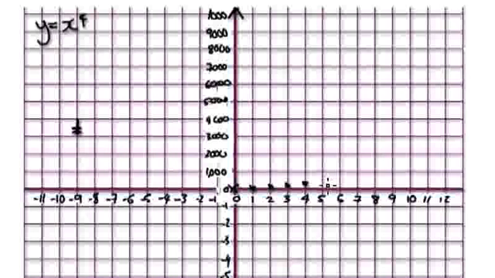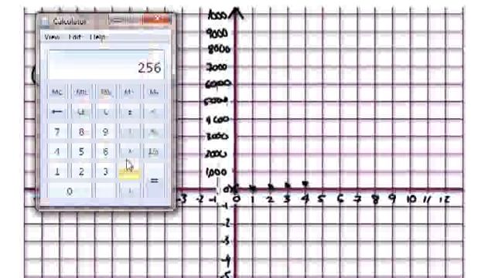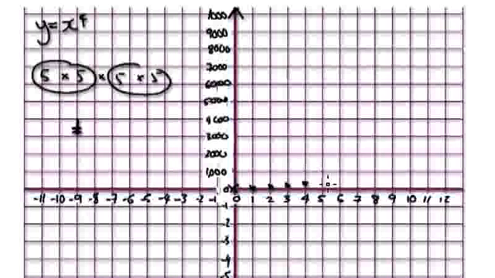Okay, now if you look at 5, that would be 5 times 5 times 5 times 5. I'm just going to say it's 25 times 25. So what's 25 times 25? 25 times 25 equals 625. So 625 is, I'm just going to guess, somewhere here.